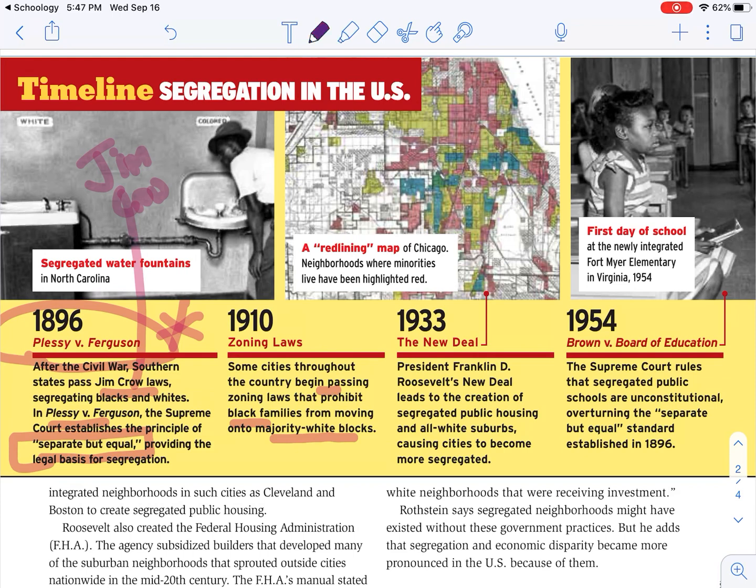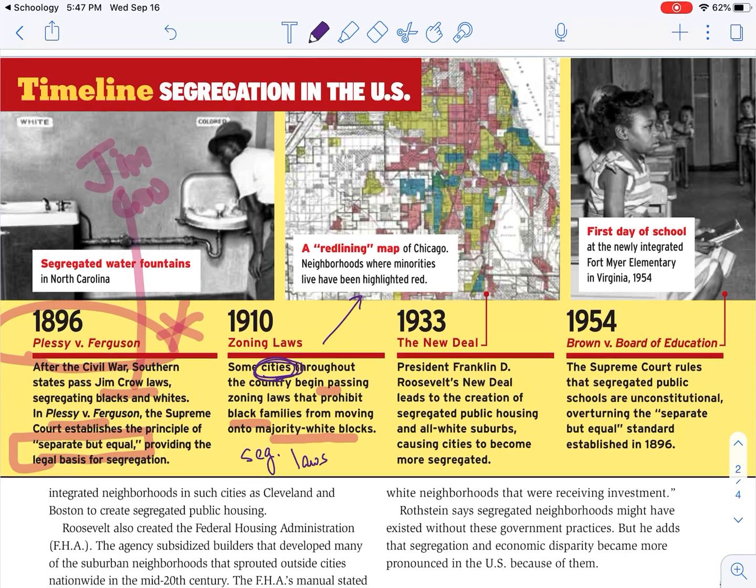Okay, so already we have some, I'm going to call them segregation laws in place. And I'm wondering if this directly ties again to Chicago. So this kind of answers my earlier question. Was it a national issue or was it a state issue? It appears to be cities who are directing the different rules.